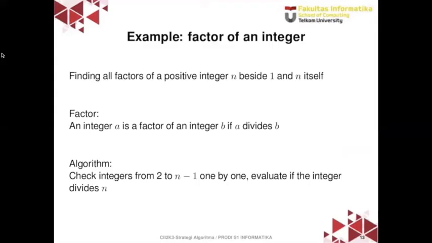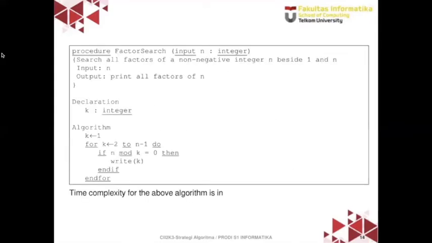This is the illustration for the algorithm, and this is the pseudocode for the algorithm. So first, we have k equals 1. Then we check k from 2 until n minus 1.